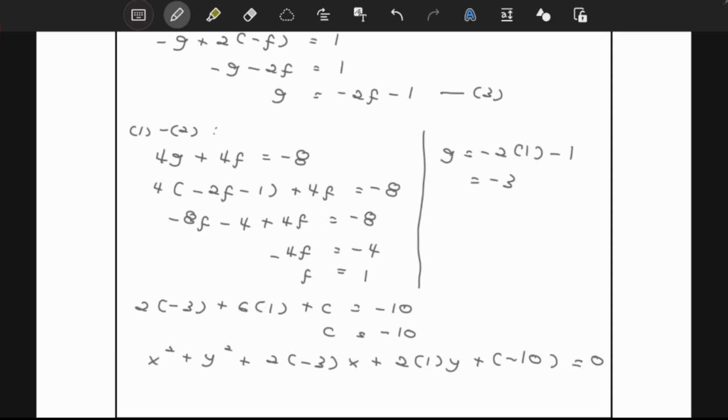So let's simplify it a bit. So x square plus y square minus 6x plus 2y minus 10 equal to 0. So I think we already get the answer, which is the equation for the circle.